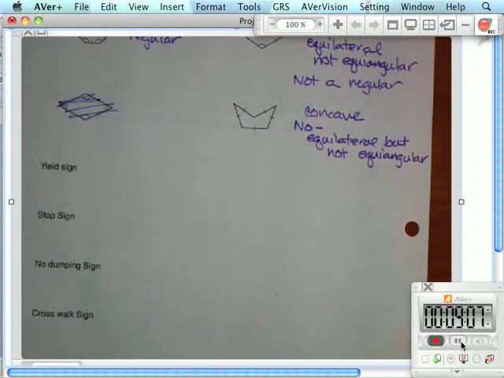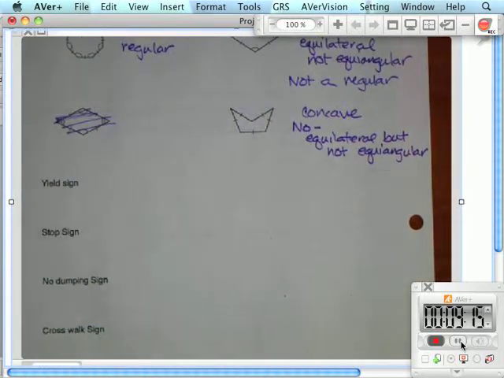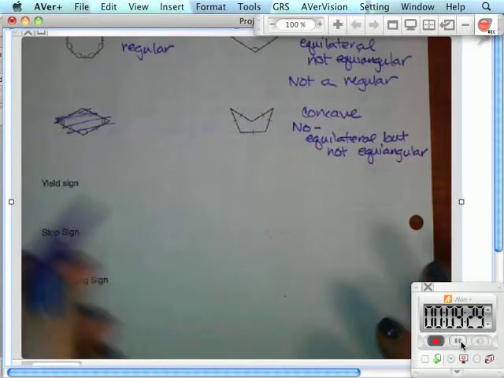All right. So, now this last part here. Let's talk about these. Those of you that have your driver's license or are about to get your driver's license, does anybody remember what a yield sign looks like? What's the shape? It's a triangle, upside down triangle, right? Okay, is that convex or concave?